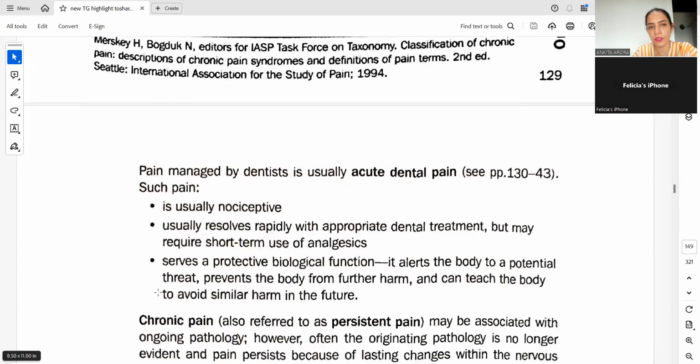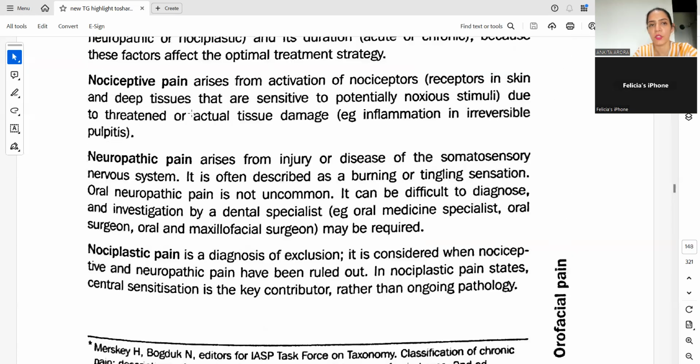Then, the pain managed by dentists is usually acute dental pain. And what we are dealing with mostly is nociceptive pain, the first variant, which is based on the free nerve endings present on the mucosa and in the pulp, which are irritated because of irreversible pulpitis.